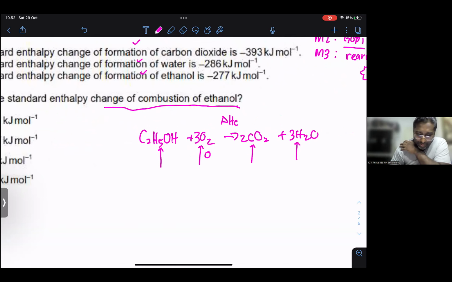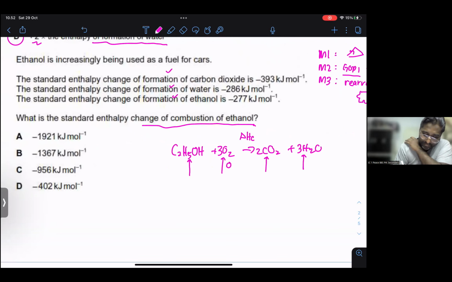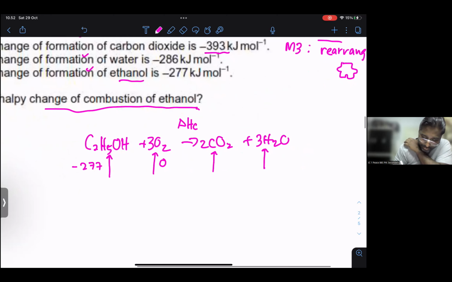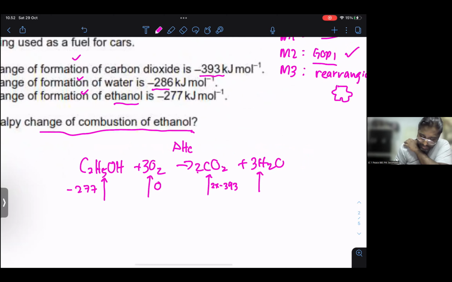C2H5OH, you see the formation is given, so negative 277. And then carbon dioxide negative 393. I have 2 moles, so 2 times negative 393. For water, negative 286, but I want 3 moles, so I must multiply by 3.